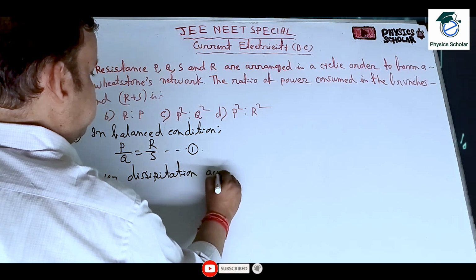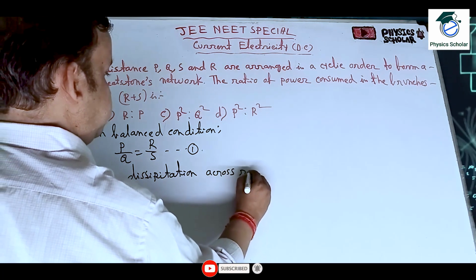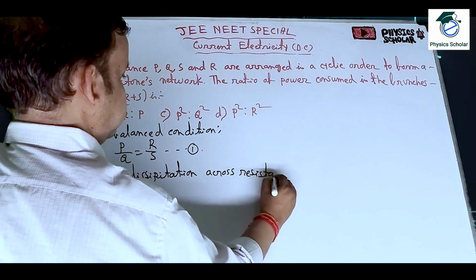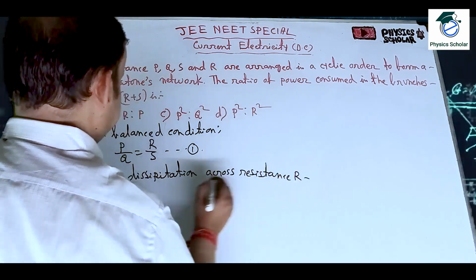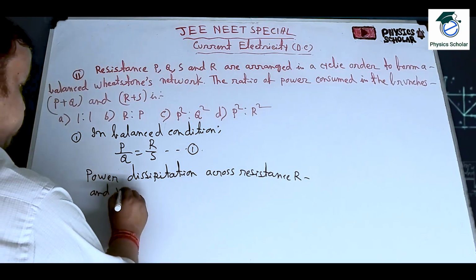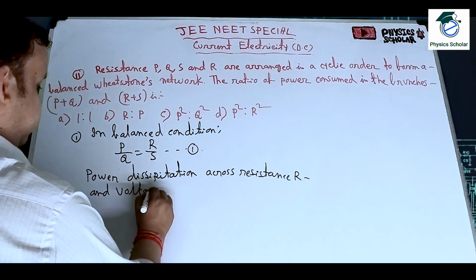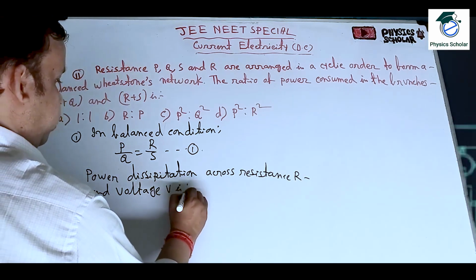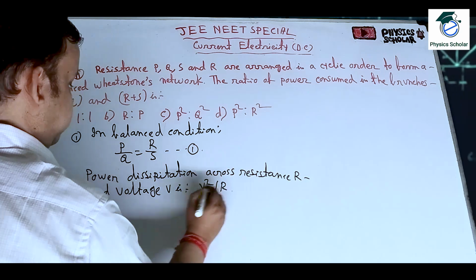Dissipation across resistance R and voltage V is what? V square by R. Clear?